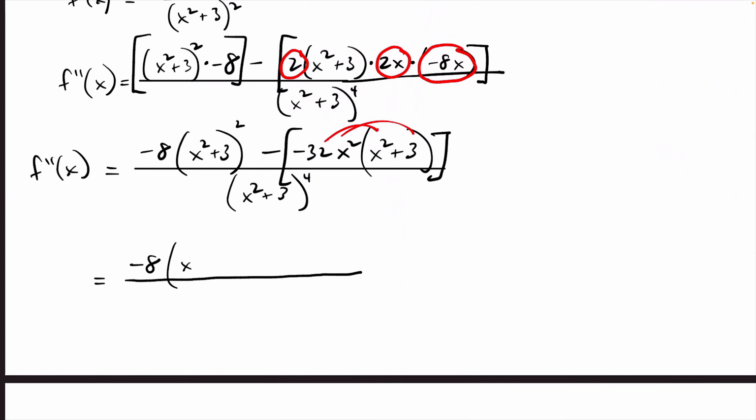Negative 8, x squared plus 3 squared, minus, and then I would have, actually it's going to be plus, right? But for right now, let me just keep it. Negative 32x to the third power, right? And then what is 3 times negative 32? Negative 96x squared.